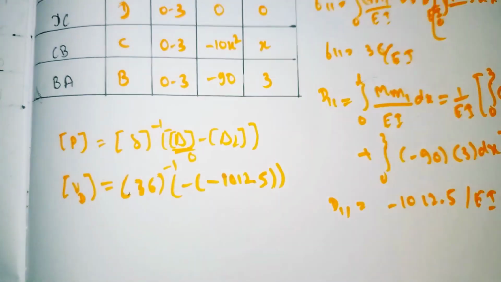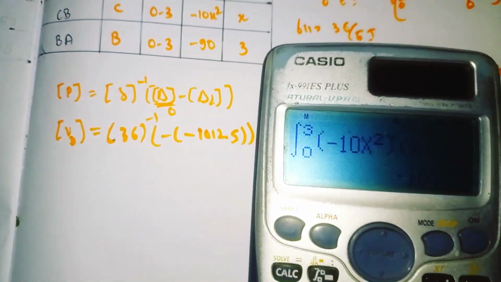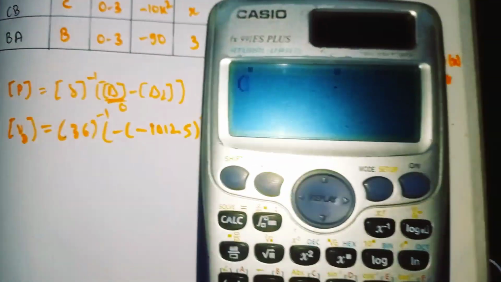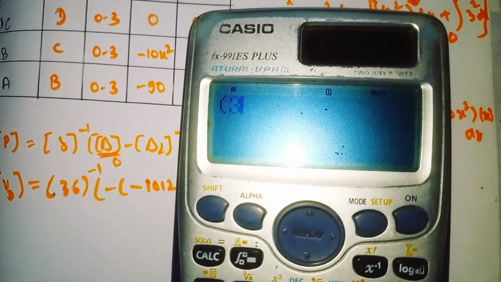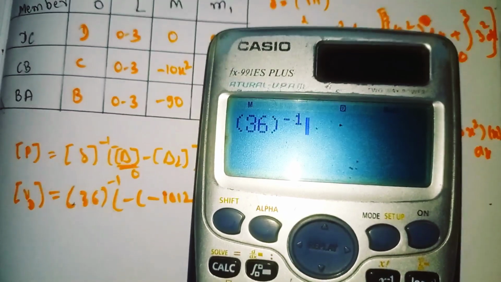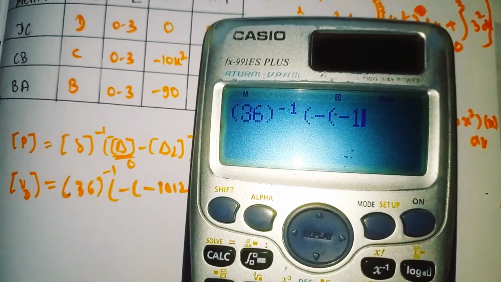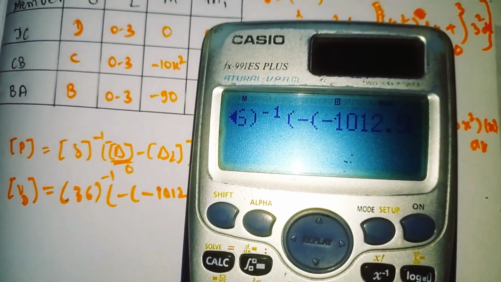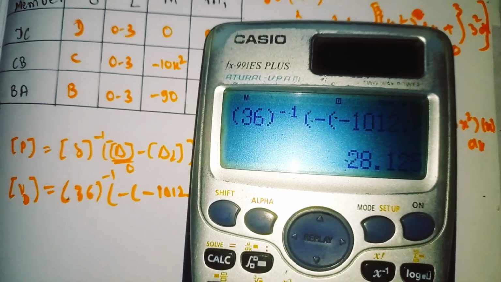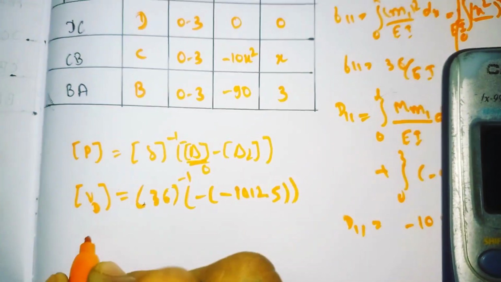Now we can calculate easily by using the calculator. So now I will show. The value is plus 36 inverse into minus of bracket minus 1012.5, close the bracket, and the VD value will come out as 28.12. It is positive.